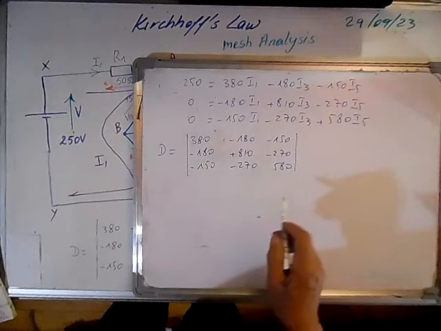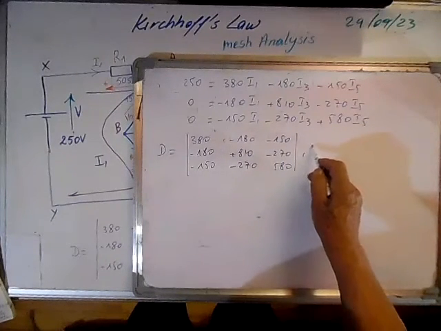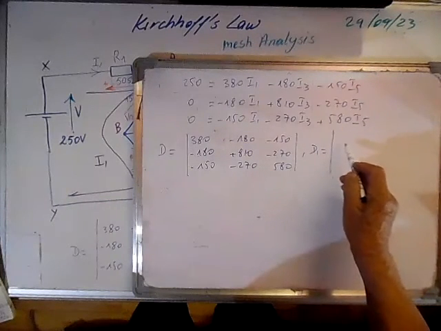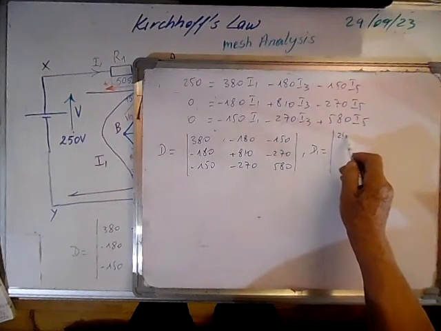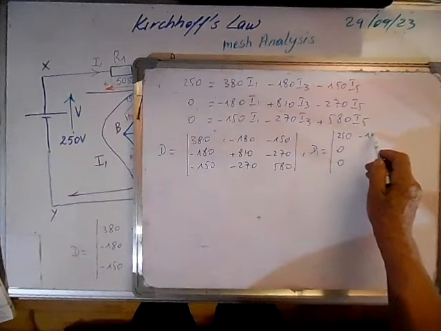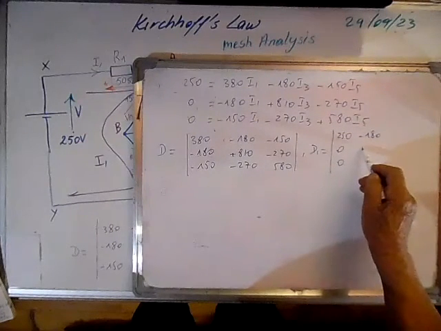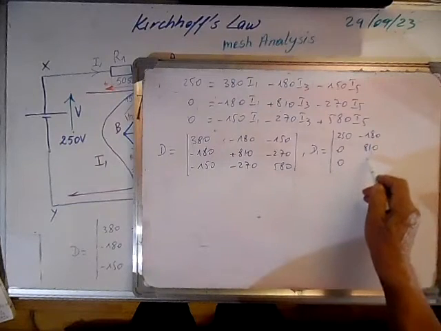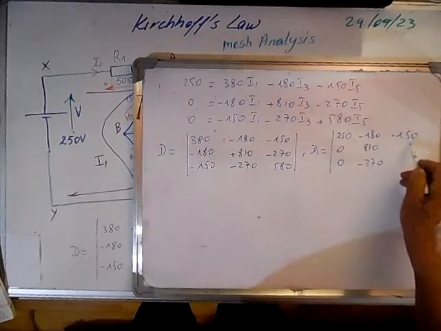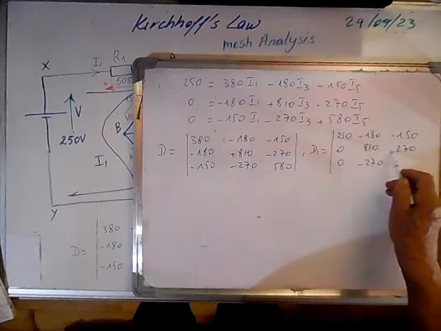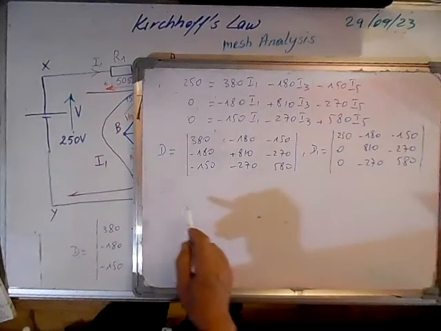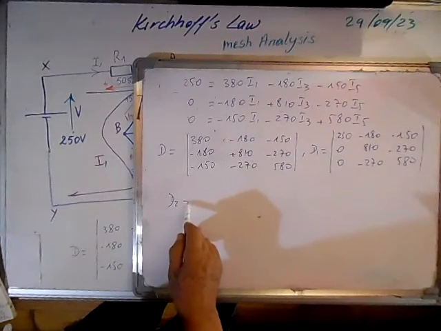This is D. D1 will be 250, 0, 0, minus 180, 810, minus 270, minus 150, 270, 580. This is D1.